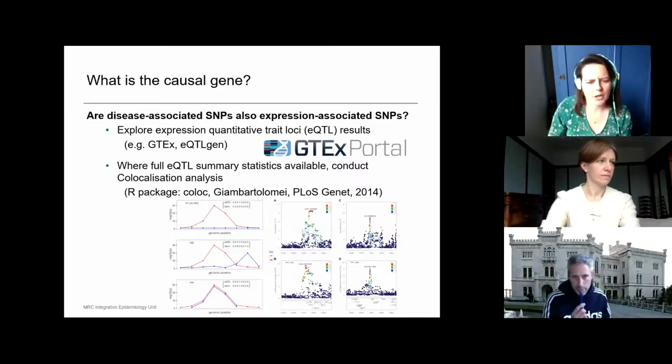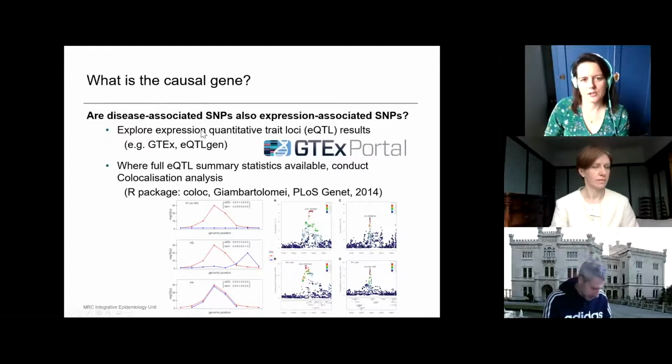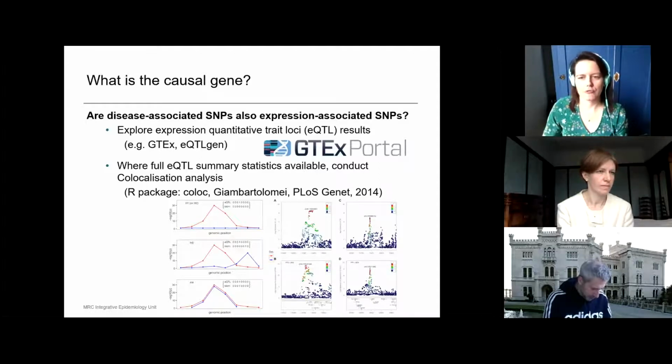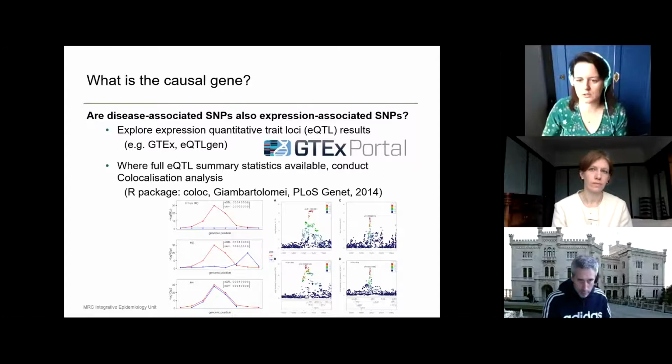Gosha talked about co-localization, and I was just going to say that, as well as just knowing if your disease-associated SNP is associated with expression, you really need to then identify whether that is because those two associations are driven by the same underlying causal variant, or whether there's some sort of correlation or LD in the region that's causing that to happen.